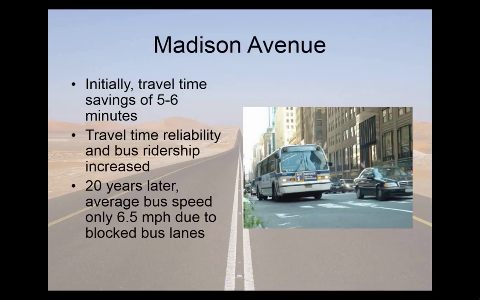Initially, buses experienced travel time savings of 5 to 6 minutes, buses had better travel time reliability, and bus ridership increased. 20 years later, an evaluation of the bus lane found that bus speed was still only about 6.5 miles per hour due to the bus lanes often being blocked by general use traffic. Currently, options are being explored for improving bus transit in New York City.